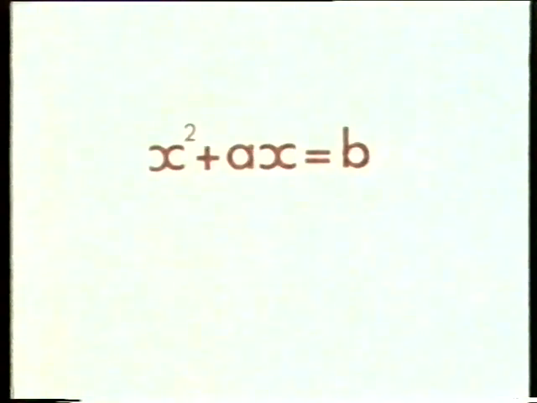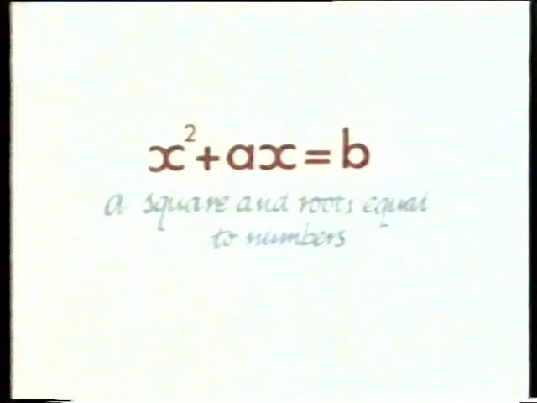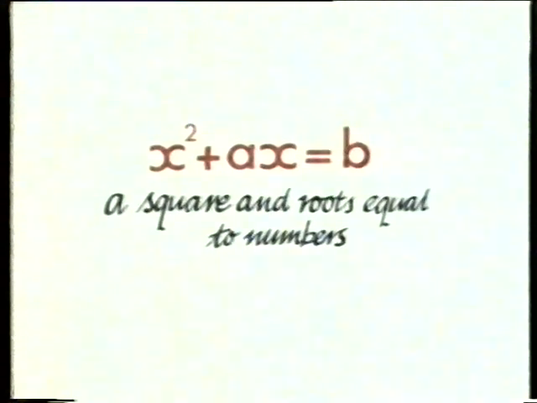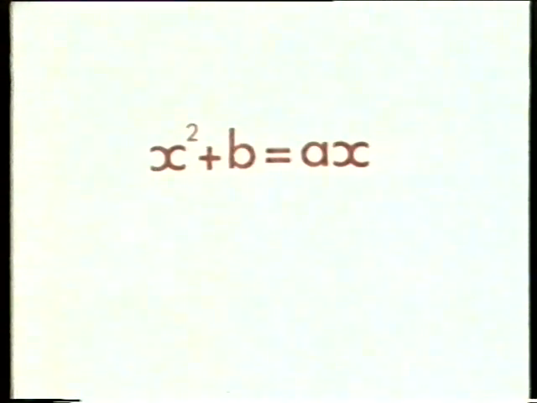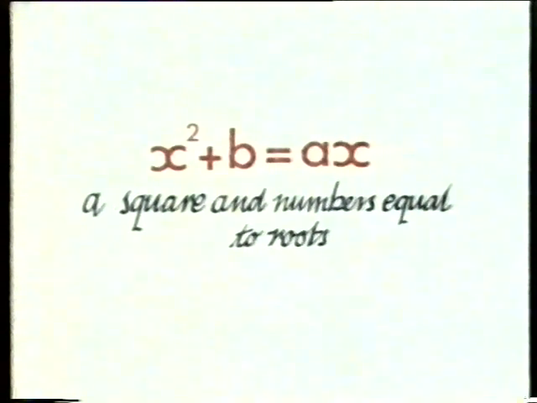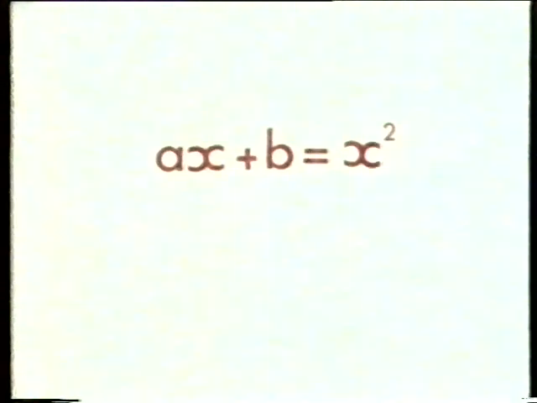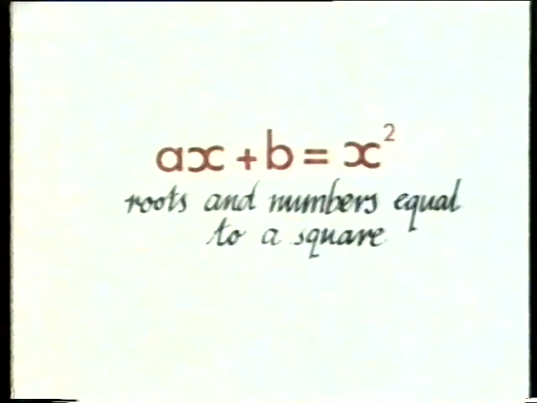He correctly distinguished and solved three types of quadratic equation, which in our notation would appear as x squared plus ax equals b, which he called a square and roots equal to numbers, x squared plus b equals ax, which he called a square and numbers equal to roots, and ax plus b equals x squared, roots and numbers equal to a square.